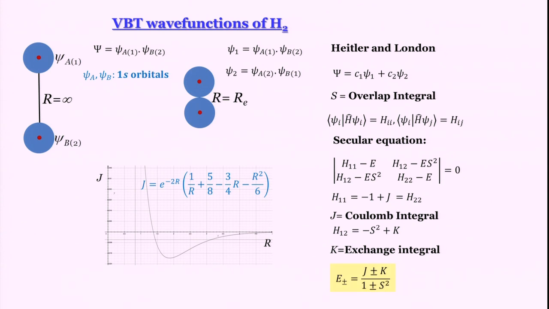Now again, without deriving it, but this part is not very difficult. If you just plug in these values of minus 1 plus J for H11 and H22 and minus S square plus K for H12 into this determinant, you can work out yourself that the two roots that you get will be J plus minus K by 1 plus minus S square. I have cheated a little bit because I have eliminated another term that would be there.